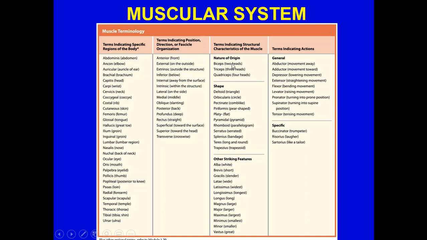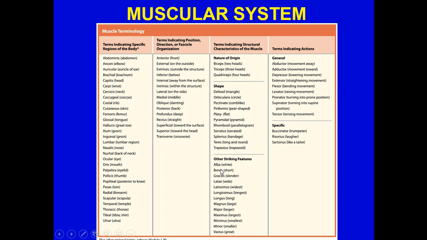Nature of origin, is it biceps 2 heads, triceps 3 heads, quadriceps 4 heads? Shape, triangular, deltoid, orbicularis, circle, platy, flat, pyramidal, pyramid, serratus, serrated, just like a serration of blade on a knife, trapezius, trapezoid, teres, long and round.